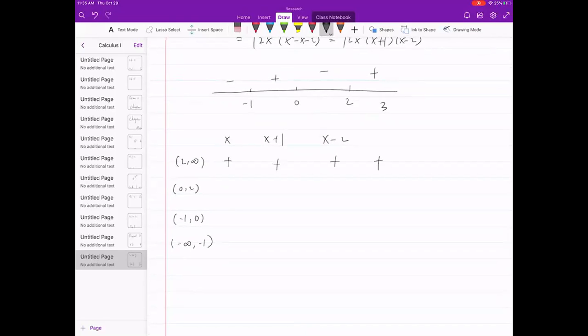So you can do this table. From 0 to 2, you can think about 1. Positive, positive, negative, because it's less than 2 now. Together, positive times negative, that's negative. So with this table, you can again come up with the final table of on which interval it's positive or negative, depending on each individual factor.